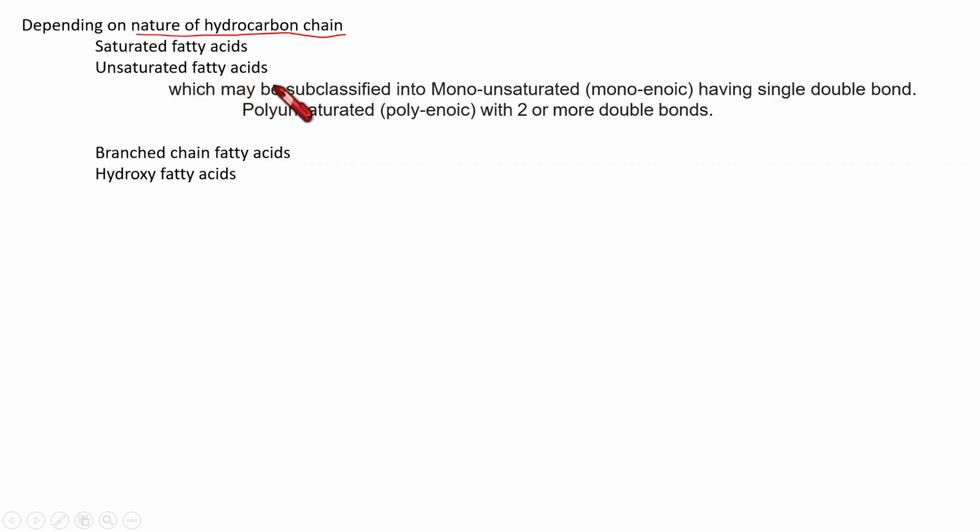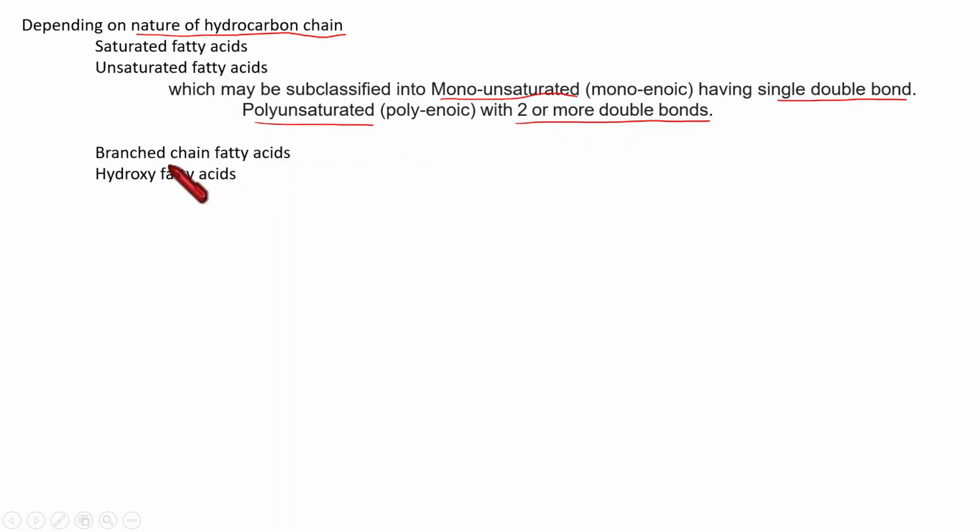Unsaturated fatty acids contain double bonds. They are again subclassified into monounsaturated and polyunsaturated. As the name indicates, monounsaturated contains one single double bond. Polyunsaturated means it contains two or more double bonds.